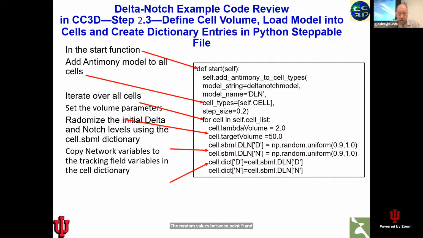The final configuration you get doesn't depend on that, as long as they're not all exactly the same to begin with. And then I copy the value from the SBML dictionary into the cell dictionary so that it gets displayed. Here, if I wanted to, I'd also copy the D average into the cell dictionary.